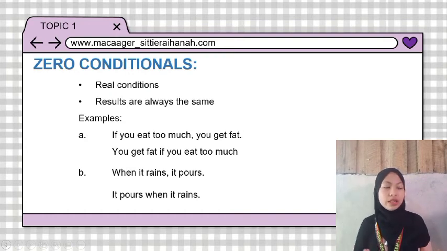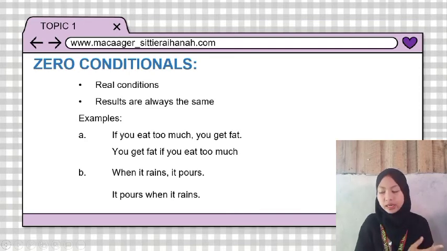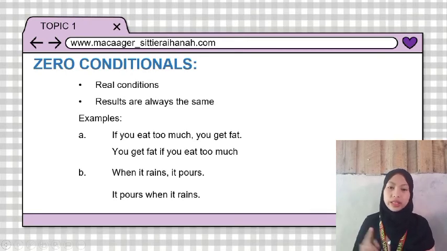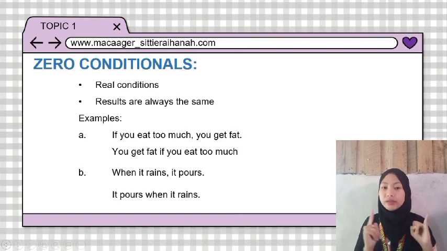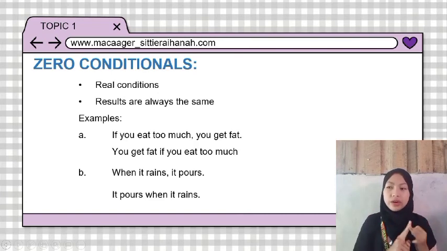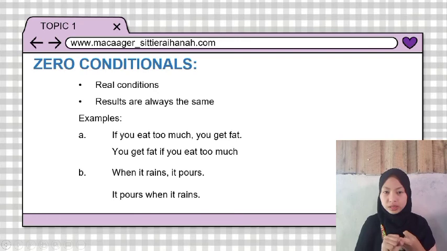However, as you can see in these two sentences, they are constructed in two different ways: the if clause is at the beginning in one and at the end of the sentence in the other. That is why you must remember that the if clause can be placed at the first, in the middle, or at the last part of the sentence.